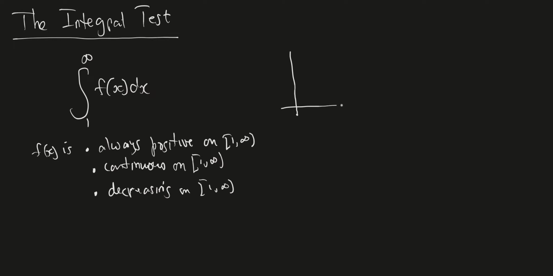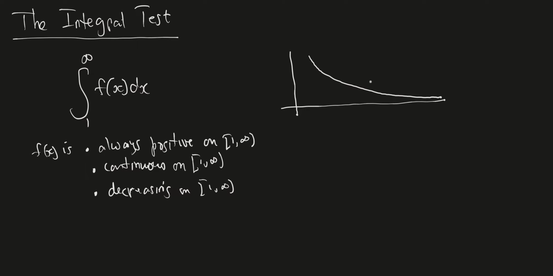So I could draw the function. Now, if you think about it, if the function is always positive and always continuous and always decreasing, that limits the way I can draw it. Really, it can only look like this.